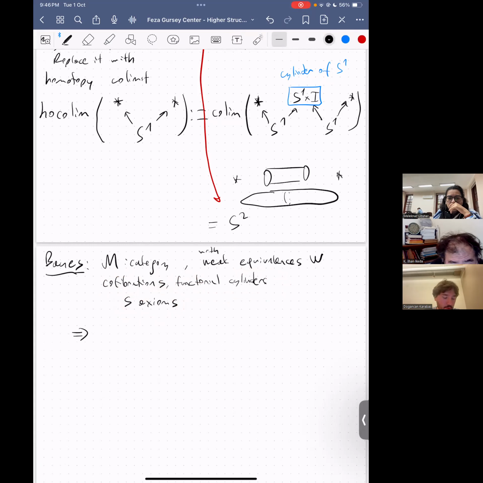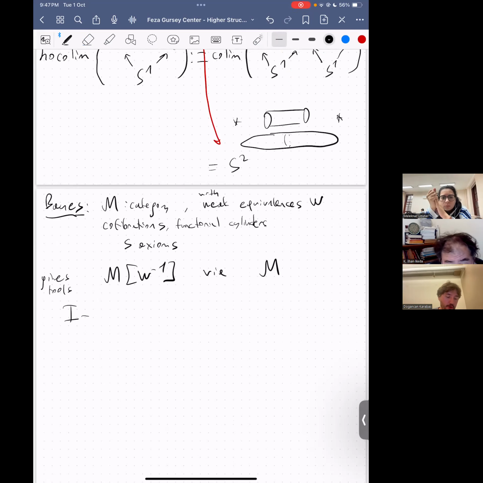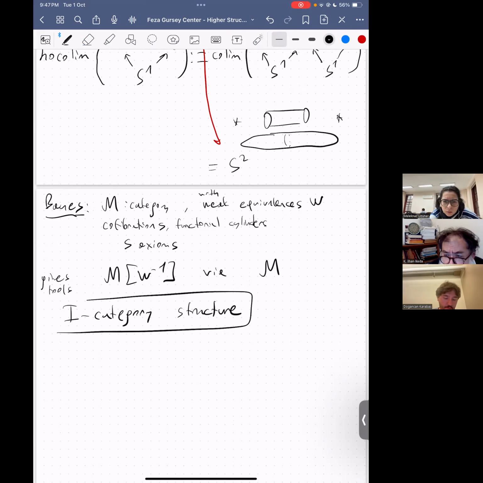Then it gives you a way to understand this category via M. So it gives tools. And this is called an I-category structure. He defined this thing on M.